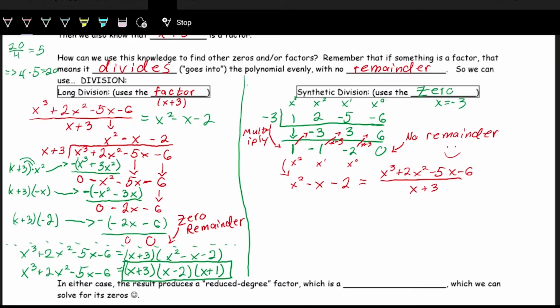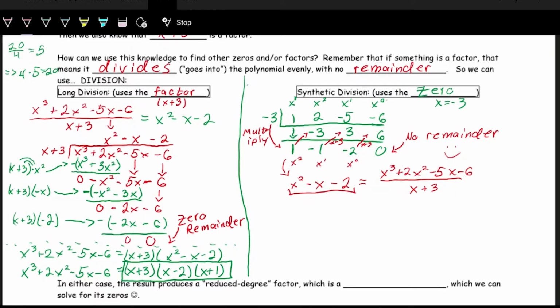We're doing the same division that we did on the last one, but using a different process. In this process, we use the zero. In the long division process, we use the factor. But the result is the same.